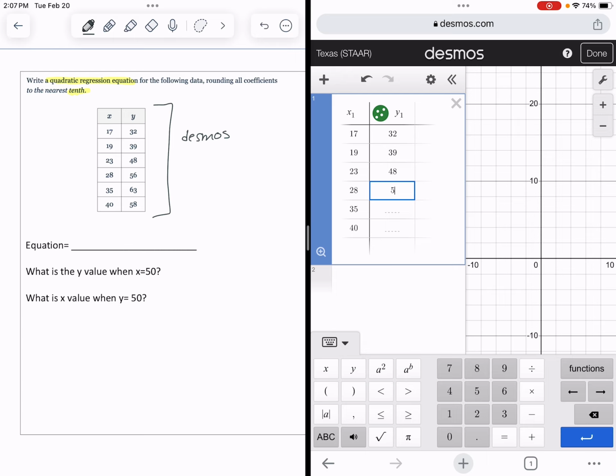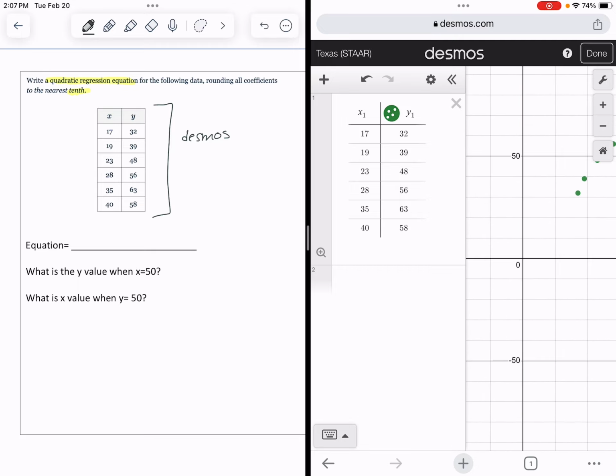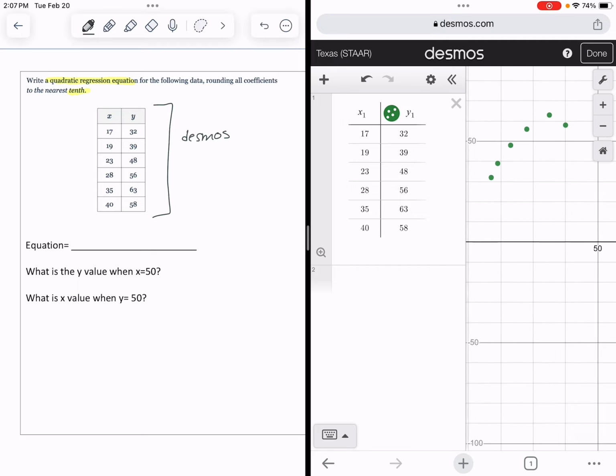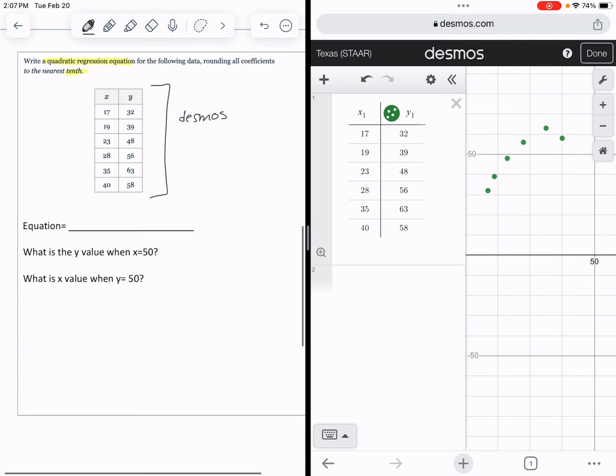Take your time. You don't want to mess up a number. Okay, and then if you zoom out, you'll see Desmos kind of plotting some of those. And so it's kind of making a quadratic shape. And so we want to get the equation for that.